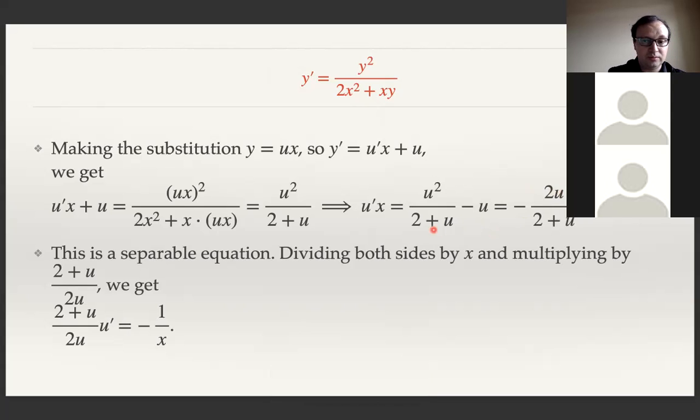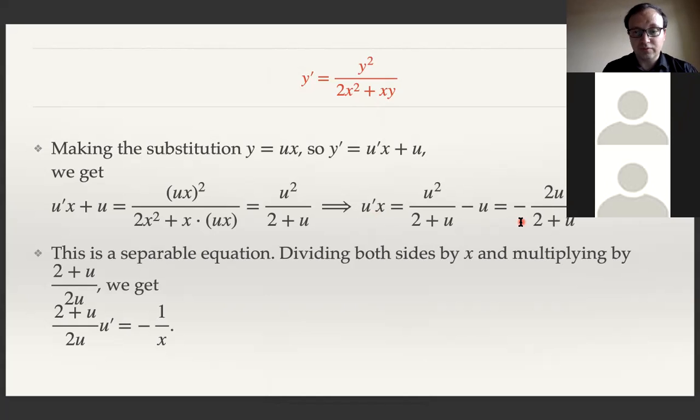So now, dividing both sides by x, we finally get u prime by itself. So u prime is equal to minus 1 over x times 2u over 2 plus u. We recognize that this is a separable equation because u prime is equal to the product of a function of x and a function of u.